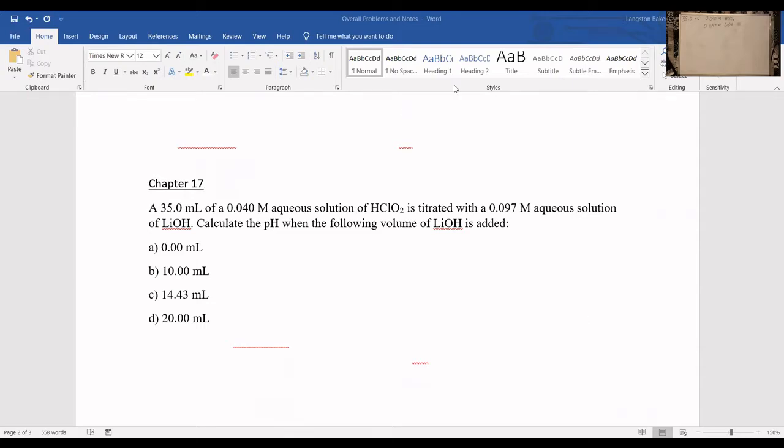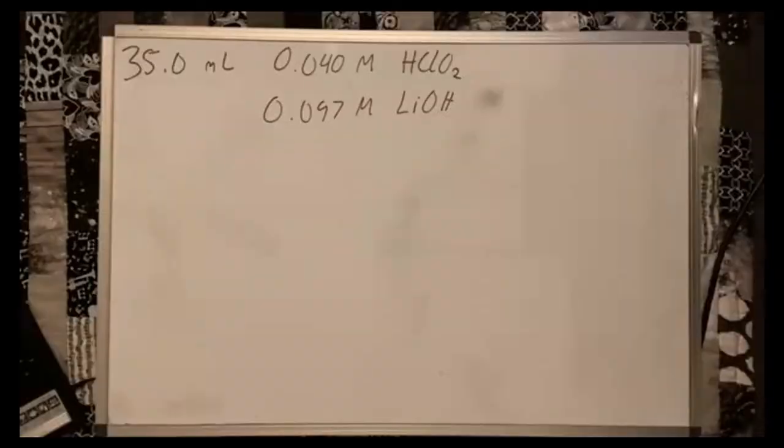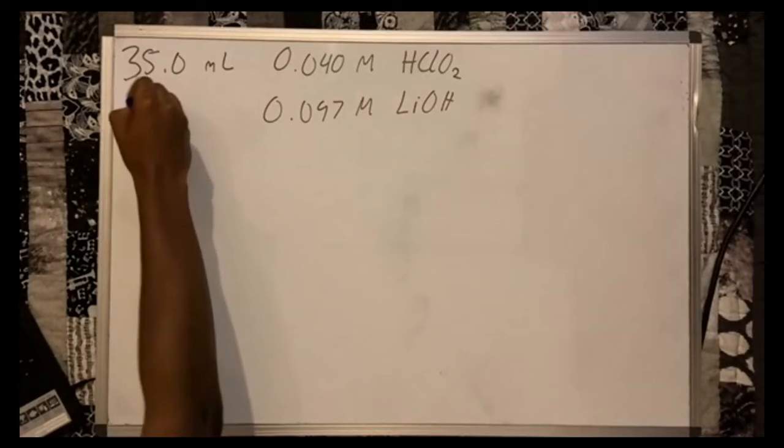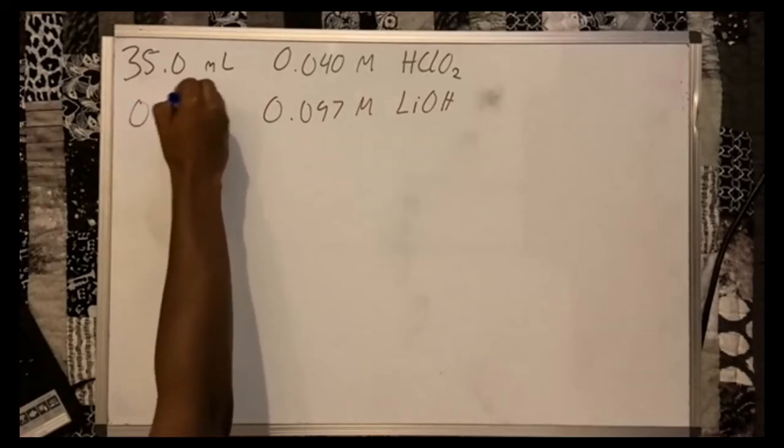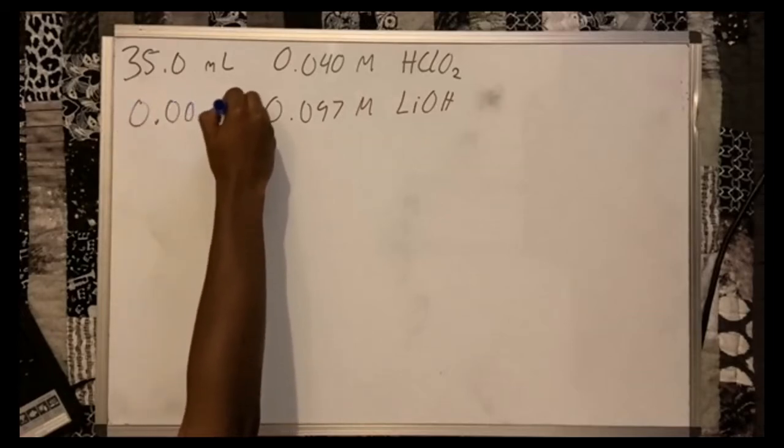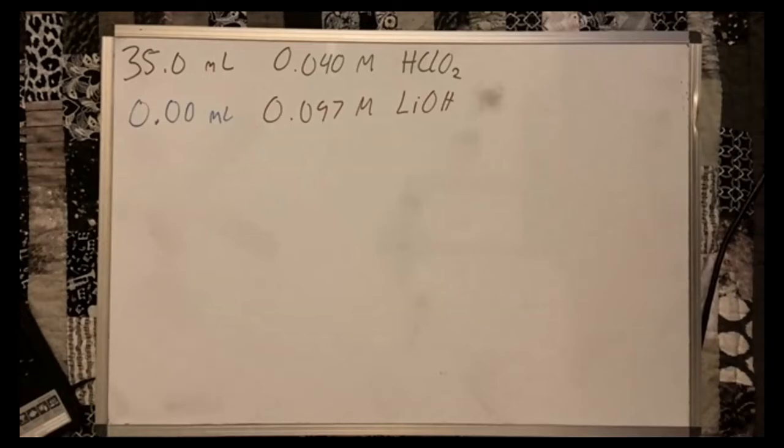Okay, all right, here we go. Titrations. The first one, the easy layup one. So when I add 0 of this, oh, I need a Ka. Oh no, I forgot the Ka.